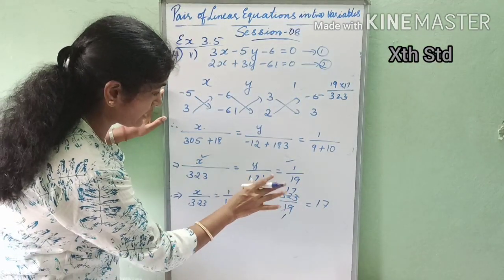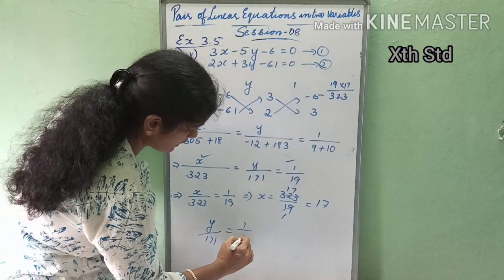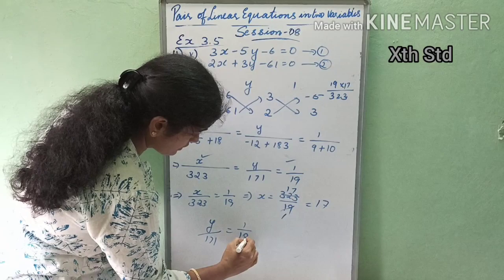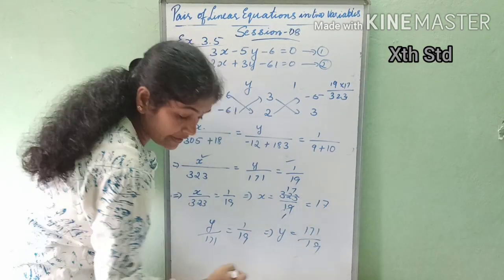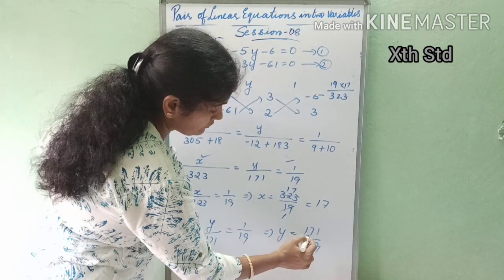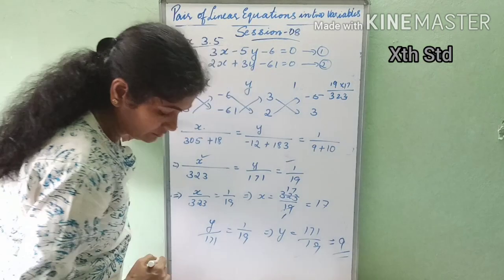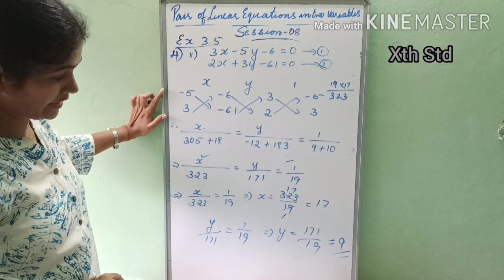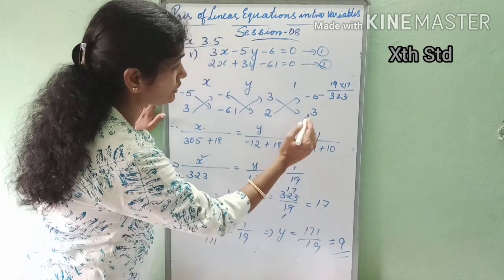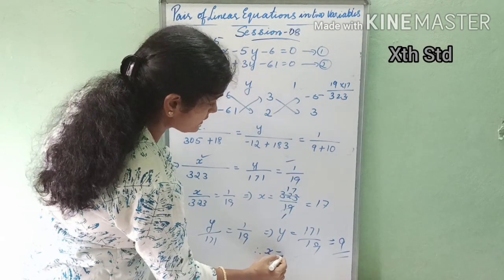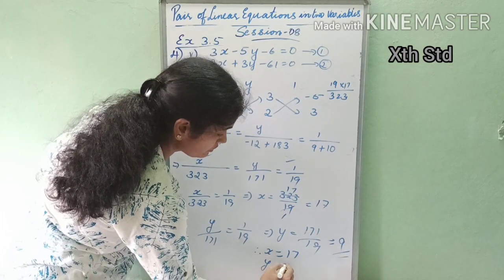Therefore x you have got. Then y by 171 equal to 1 by 19, which implies y is equal to 171 by 19. If you take it, it is 9. 19 nines are 171. So we got x is equal to 17 and y is equal to 9.